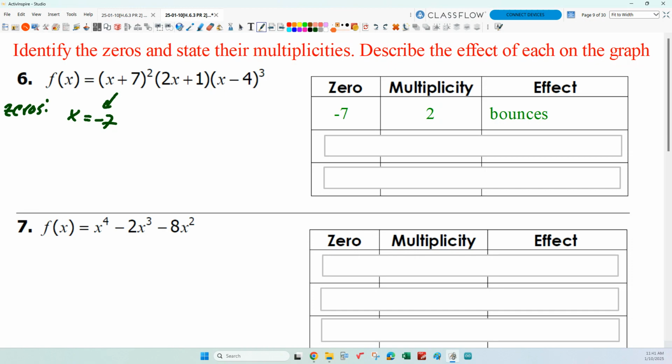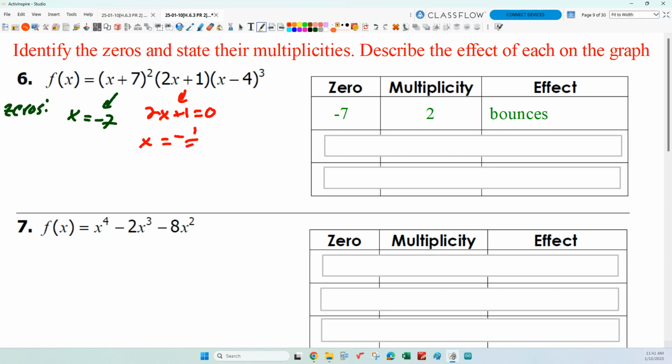Okay, what's going to be the zero of that factor? All I have to do is set it equal to 0 and solve. So what's x? If 2x plus 1 equals 0, x equals -1/2.